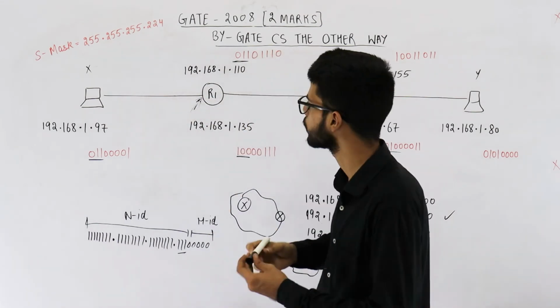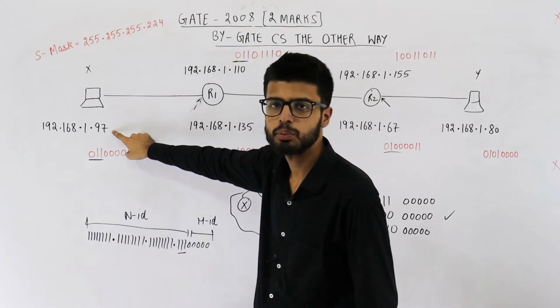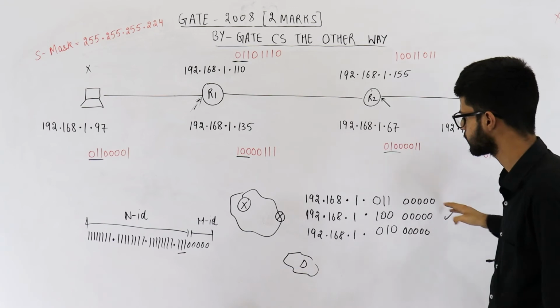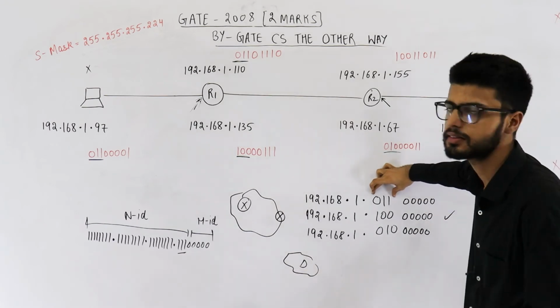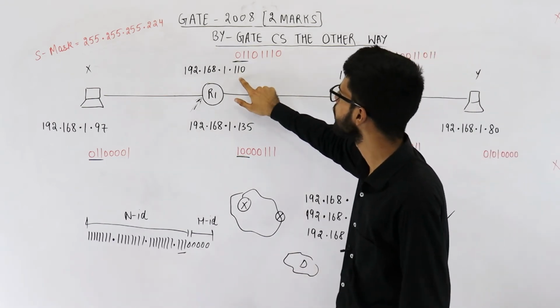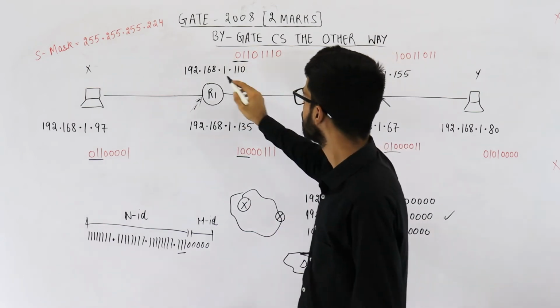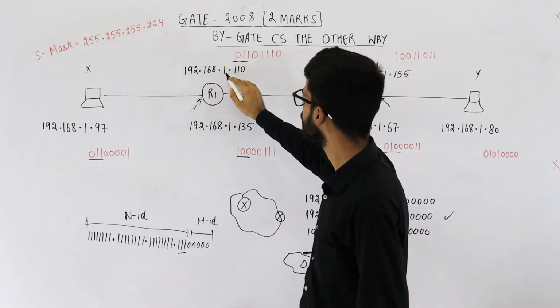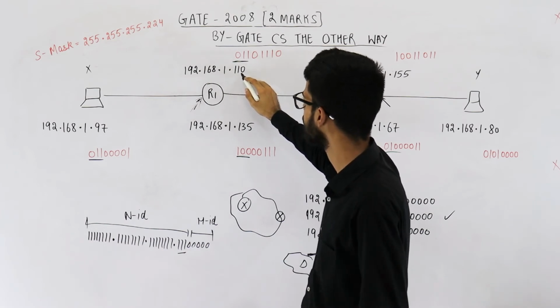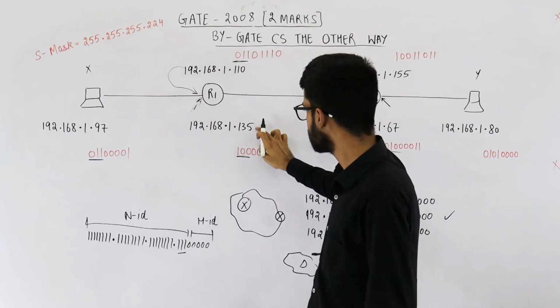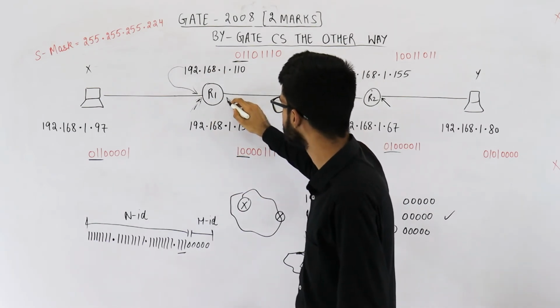Now have a look. The network ID of this IP address is 011. This entire part is the network ID, but these 3 bits are 011. And for this IP address also these 3 bits are 011. That means this 192.168.1.110 address must belong to this interface, and this address will belong to this interface.